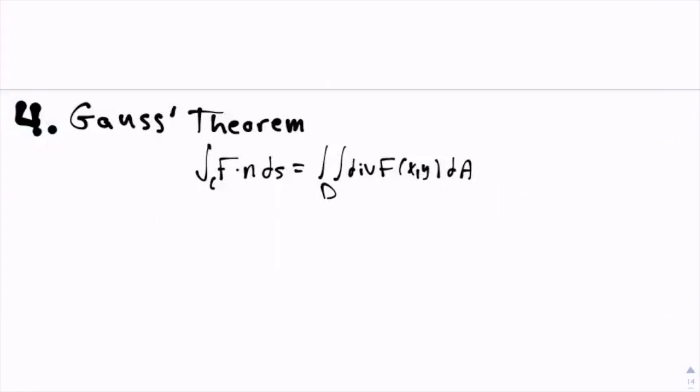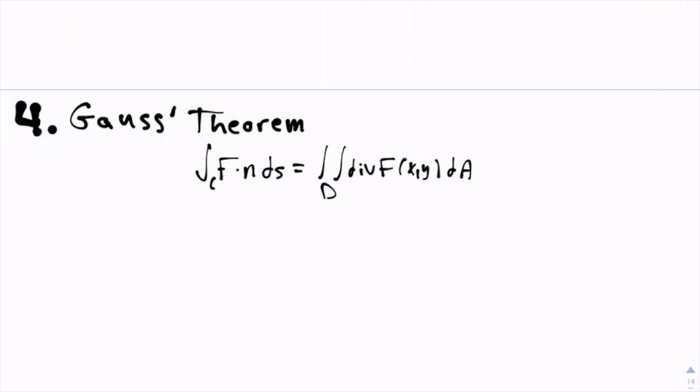And we know that in this situation, as previously mentioned in the previous section, C is a positively oriented boundary curve of the plane region D. But let's think, how can we expand this thinking to 3D?